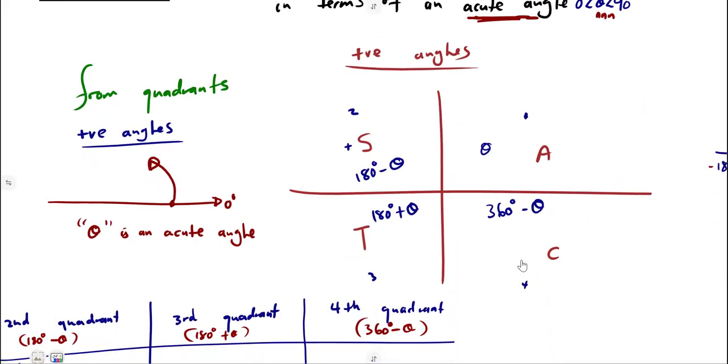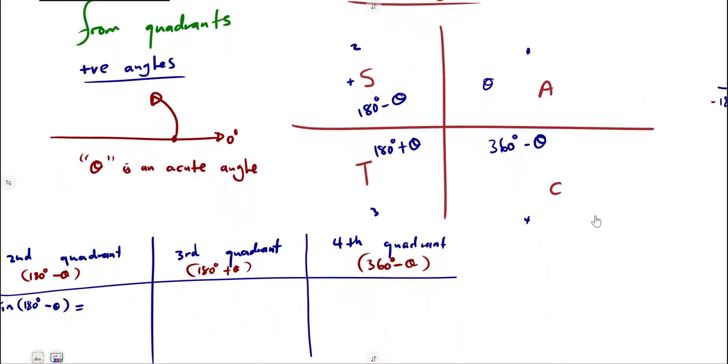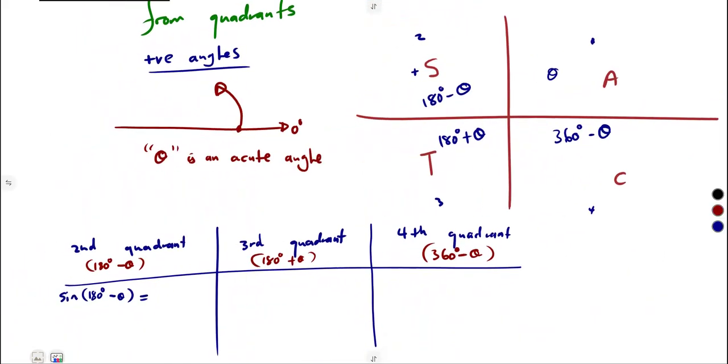So we want to rewrite 180 degrees minus theta in terms of theta. Since sine is positive, it's just going to be positive sine theta. Thus, we have reduced it to a trig ratio of the acute angle theta.